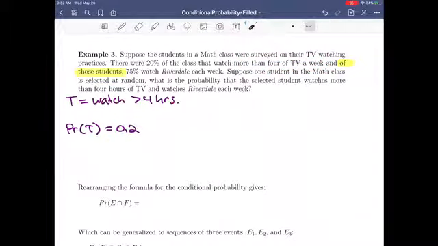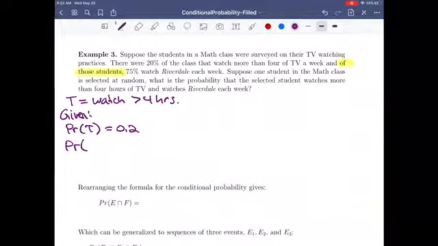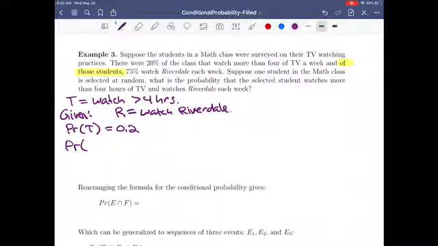So that means that you're in the T category. So actually they've given us, I should have done R. Okay, so R is watch Riverdale. They've given us a conditional probability. So they've given us the probability of R given T is 0.75.